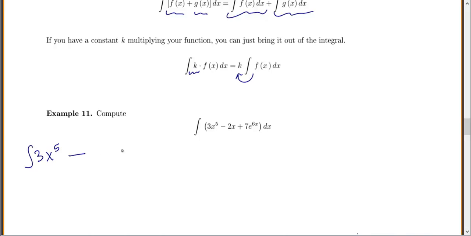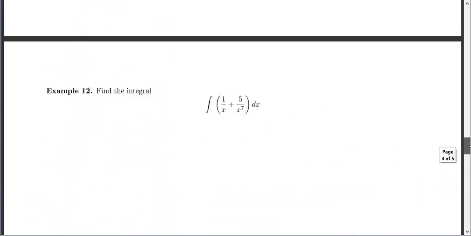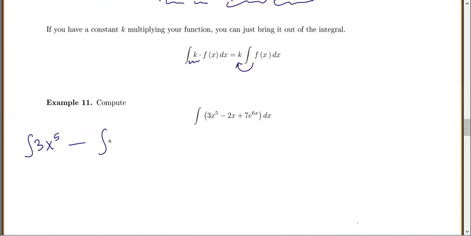Now I'm going to split it up, minus the integral of 2x, plus the integral of 7e to the 6x. dx, dx, dx. Remember, you will always attach that dx for every integral. And so this might make it look a little bit simpler, or maybe more complex, but it's telling us we can do the integral of each piece, one piece at a time.